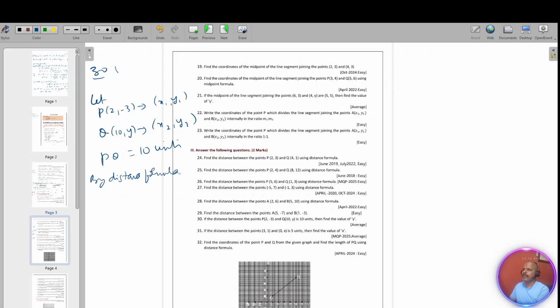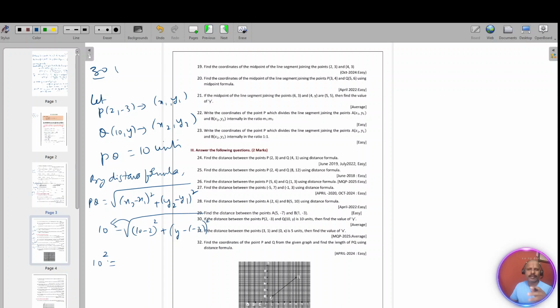By the distance formula, PQ is equal to square root of x2 minus x1 whole square plus y2 minus y1 whole square. PQ is 10. x2 minus x1 means 10 minus 2 whole square. First substitute, don't subtract directly and put it. Then y2 is y, minus y1 is minus of minus 3, so y plus 3 whole square. When you transpose the square root to the left side, it becomes 10 square, just like plus becomes minus when you transpose.